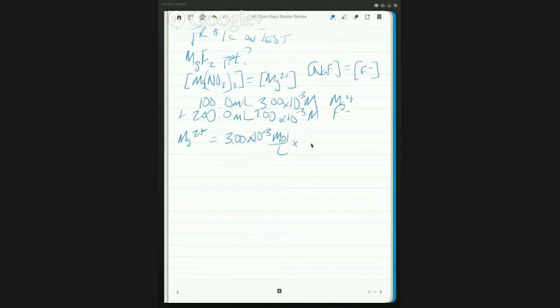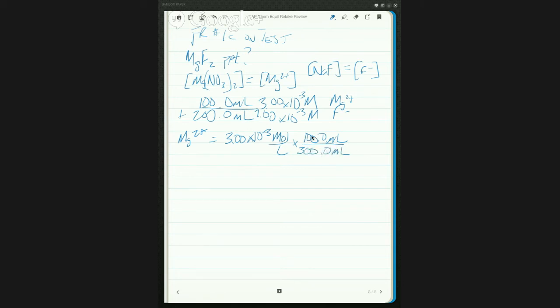So really what this means is we have 100, because if we multiply this times 100.0 milliliters, that gives us the actual number of moles. So multiplying it times 100 milliliters, which is what we had right here, will give us the number of moles in this. However, the total volume, because we want this in concentration, is 300.0 milliliters, okay?